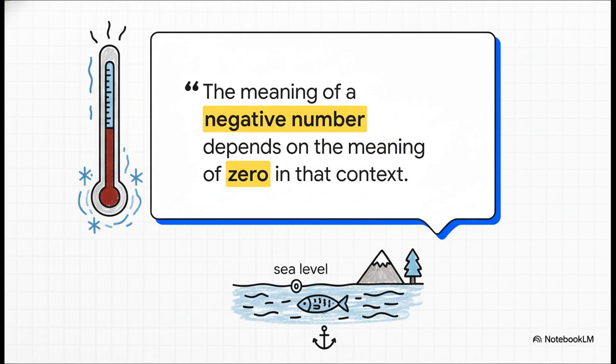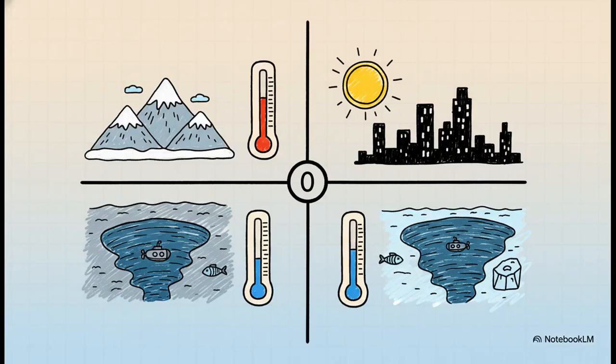It's the reference point that gives all the other numbers, positive and negative, their real power and their meaning. When you really think about it, it's an incredibly elegant system. This one simple concept, a number line stretching in two directions away from zero, lets us describe and measure our entire world, from the everyday stuff to the most extreme.